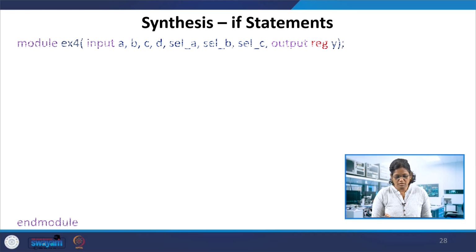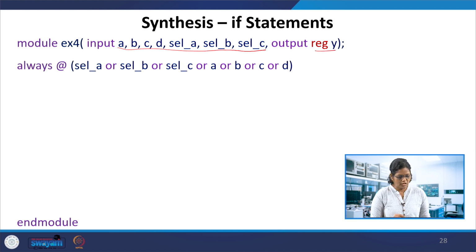Again we will take an example for the if statement: inputs A, B, C, D, select A, select B, select C, and output Y. Always @ select A, B or select C, the sensitivity list contains all of them, or you can simply use an asterisk to simplify the code.